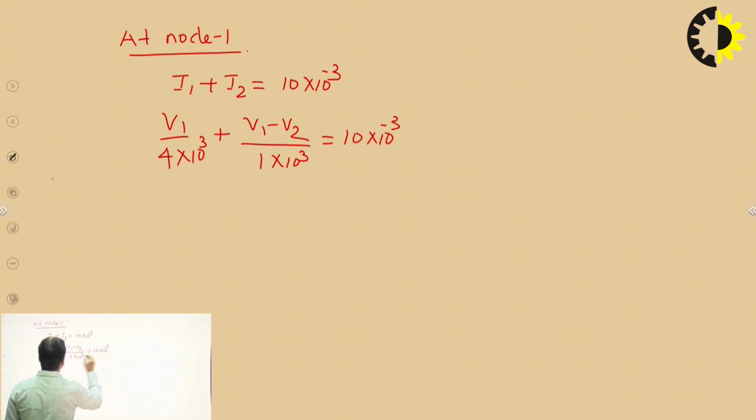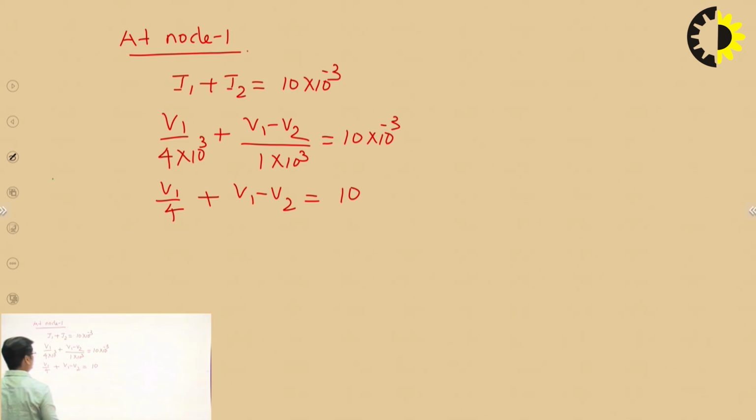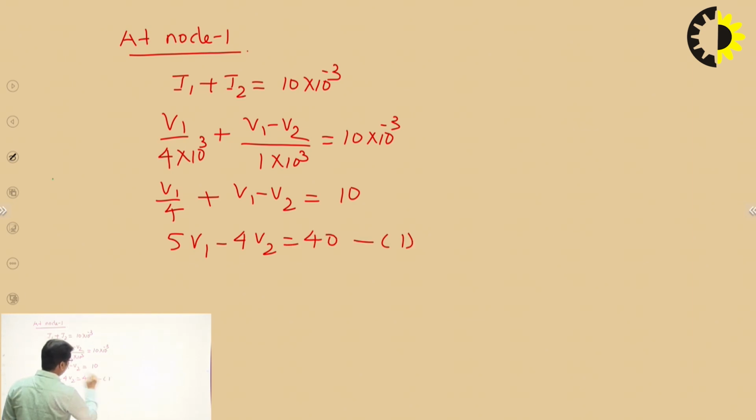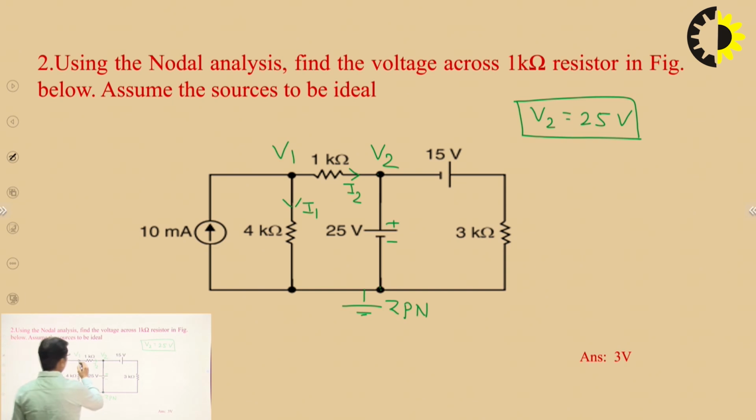Now just take the common and substitute. So V1 upon 4 plus V1 minus V2 equal to 10. Taking the LCM, this is 5V1 minus 4V2 equal to 40, equation number 1 at node 1.